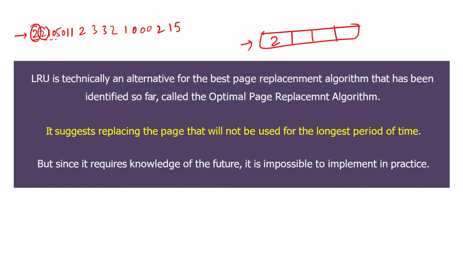Again 2, it is available, so it's okay. The third one is 1. 1 should be put here. Then 0, it should be put here. Then 5, it should be put here. Then again 0. So 0 is there already, it's okay. We don't need to replace anyone right now. So 1 1 2, they're all available.